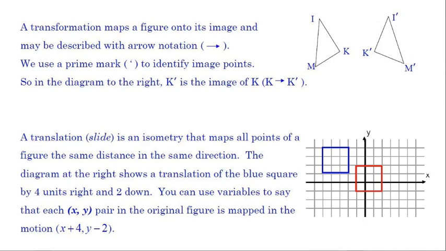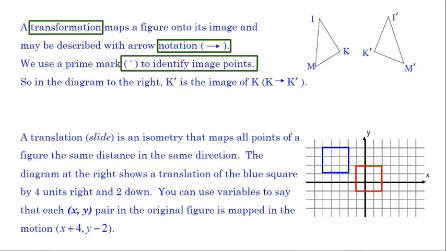We do have some notation around this that we want to make sure that we're aware of. And so for this first paragraph, the key idea is that we have a transformation. Our notation is with this arrow, and then we use this basically apostrophe to identify image points. So if we look down here, K prime is the image, and that means that it came after K. And so the way we show that is K as some transformation onto K prime.